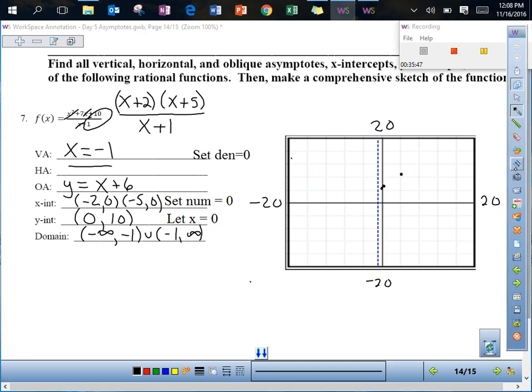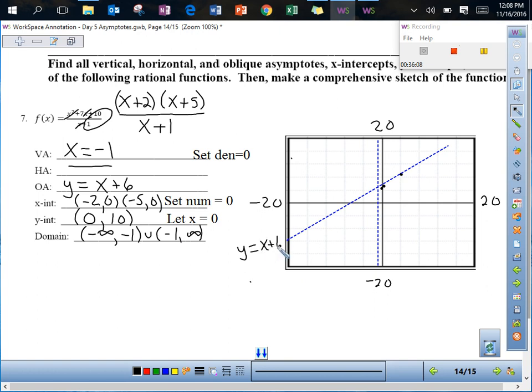Let's draw that in then. Something right in there, I hope. Even though this looks confusing now, the way you label your asymptote, your horizontal, your oblique, y equal x plus 6, you just tell the world what it was.